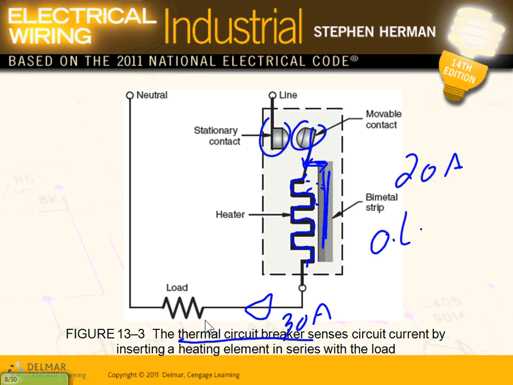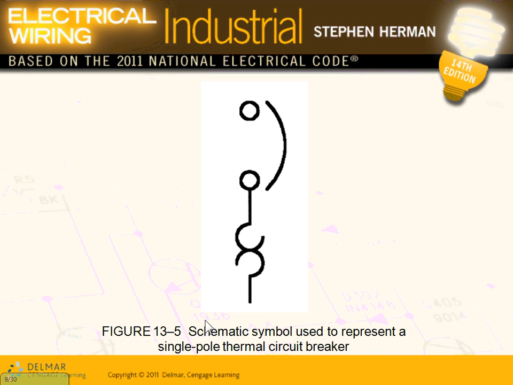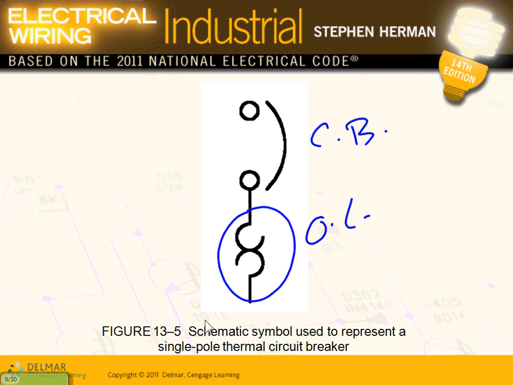So this is the symbol that they use. This is the overload symbol. Here's a circuit breaker of the overload type. This is a thermal circuit breaker, a circuit breaker that only works on thermal. The only similar thing to it, guys, is the overload that we use in motors.